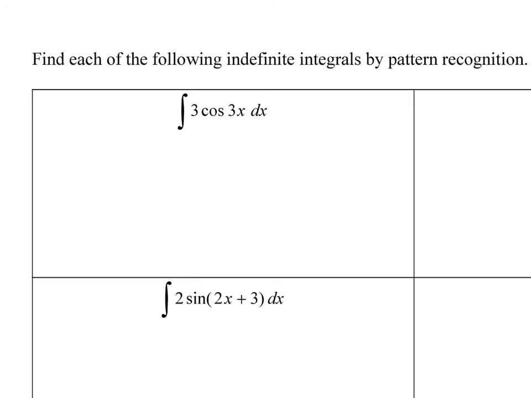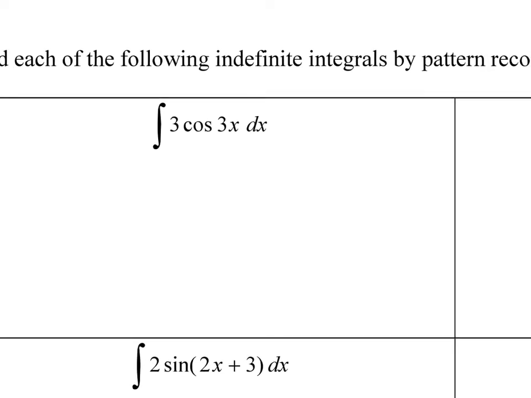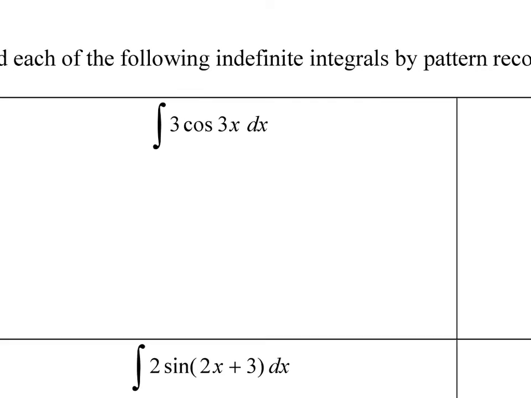So I'm looking at this problem, and we're looking for pattern recognition. He wants us to identify what my f of g of x is. And so I'm looking here, and I see cosine of 3x. So my big function is cosine.